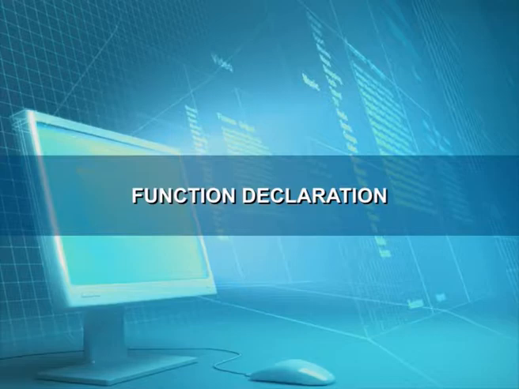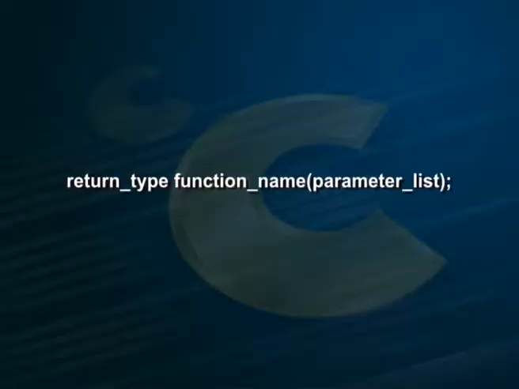Function declaration. Whenever a function is invoked in another function, it must be declared before use. Such a declaration is known as function declaration or function prototype. Function declaration always ends with a semicolon. The general format is return type, function name, within brackets parameter list, semicolon.